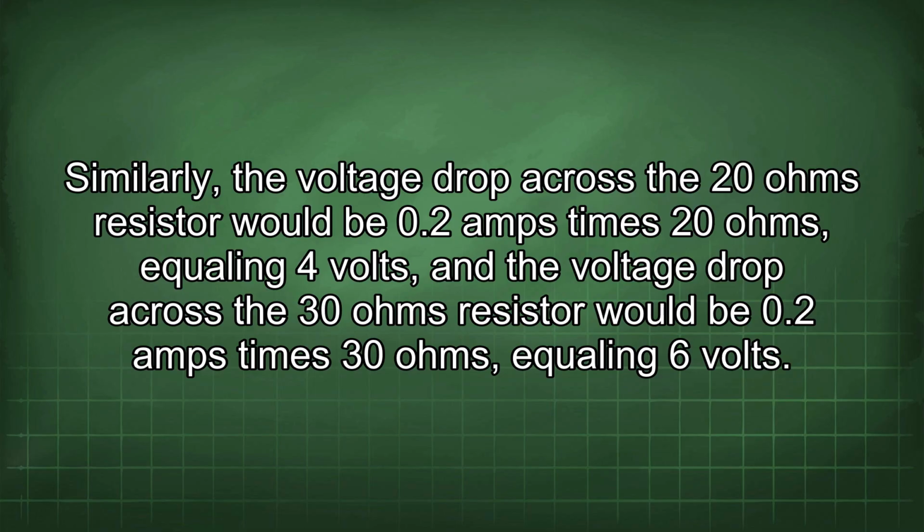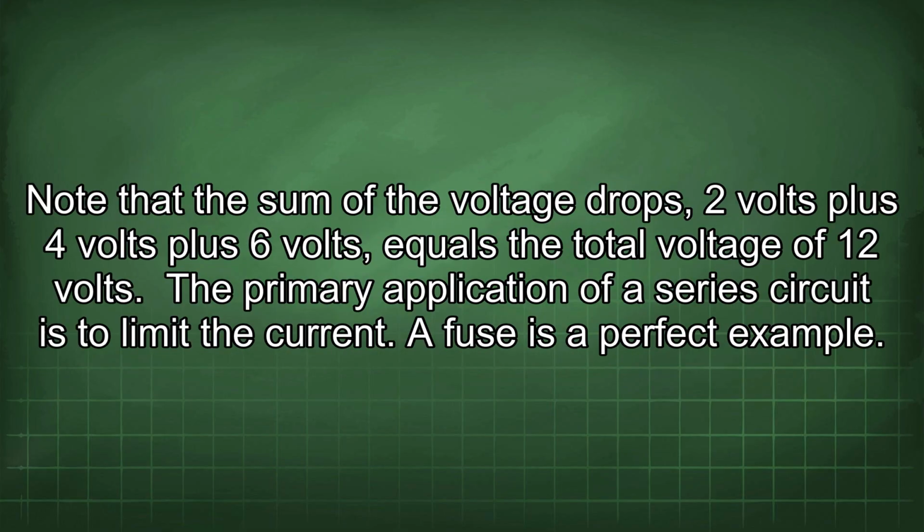Similarly, the voltage drop across the 20 ohm resistor would be 0.2 amps times 20 ohms, equaling 4 volts, and the voltage drop across the 30 ohm resistor would be 0.2 amps times 30 ohms, equaling 6 volts. Note that the sum of the voltage drops, 2 volts plus 4 volts plus 6 volts, equals the total voltage of 12 volts.